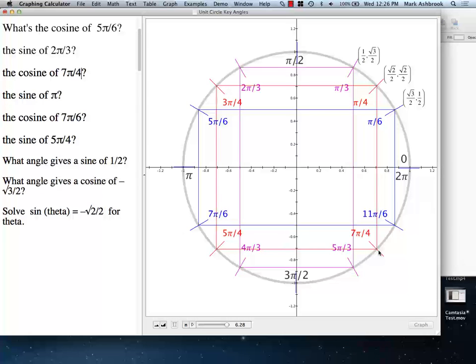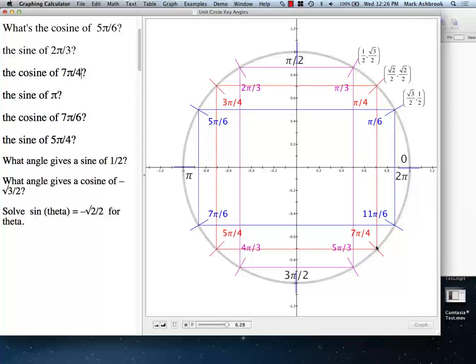Jonathan, cosine. Square root of 3 over 2. Seven pi over 4 is going to have the same numbers, positive or negative.